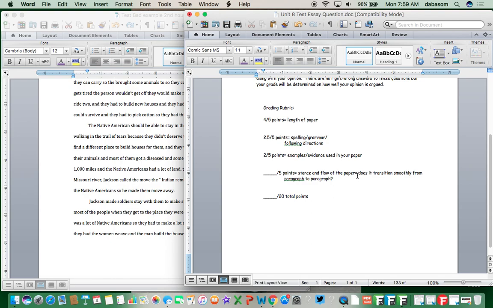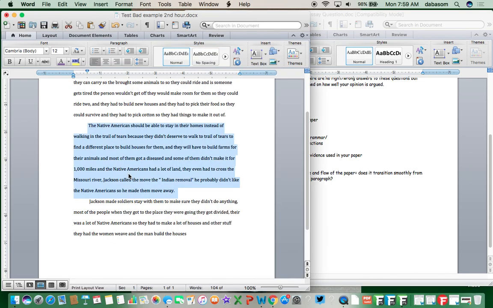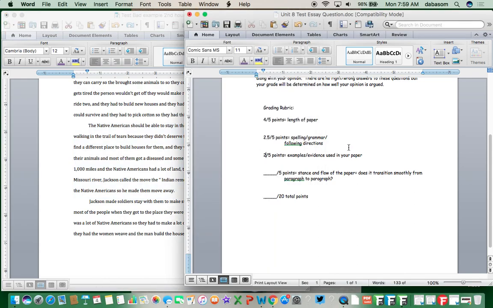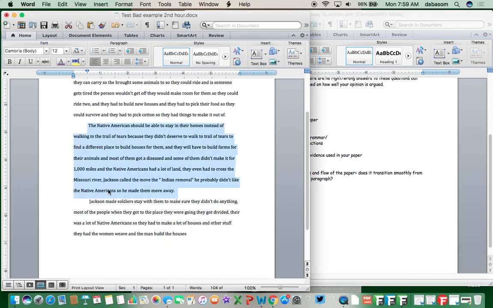Stance and flow of the paper. Does it transition smoothly from paragraph to paragraph? I found myself continually confused the entire time while reading this, and I just thought it was very, very difficult to read and to kind of follow along with. I mentioned the lack of sentences.